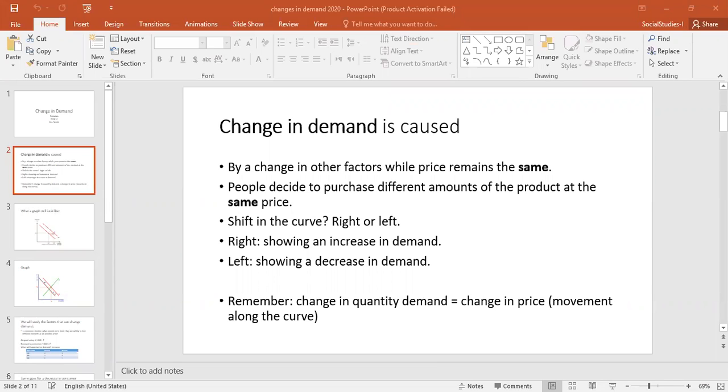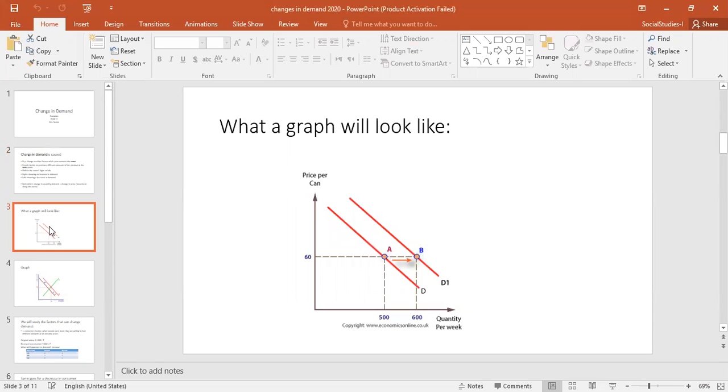People decide to purchase different amounts of the product at the same price. So when you're making a decision to buy a product or different amounts of that product at the same price, what are the factors that can influence your demand while price stays the same?